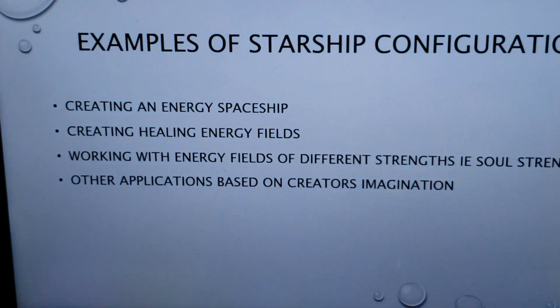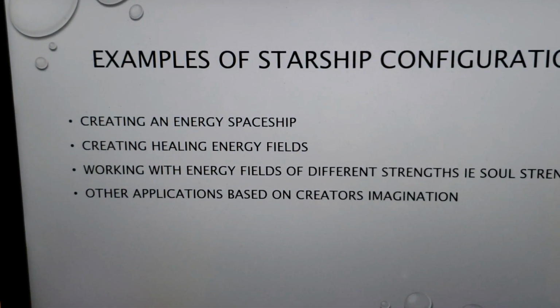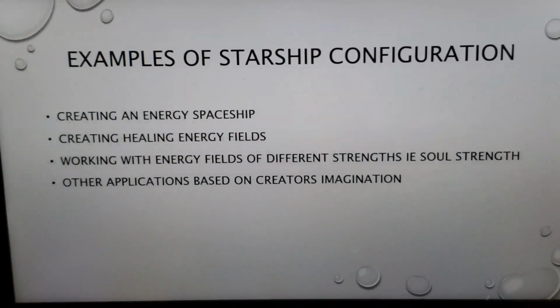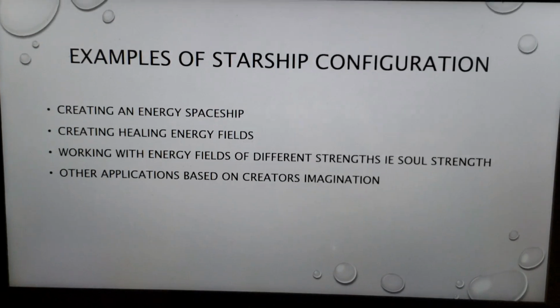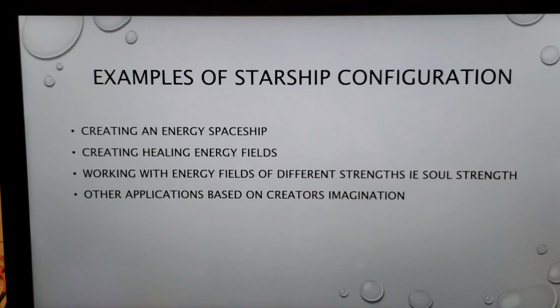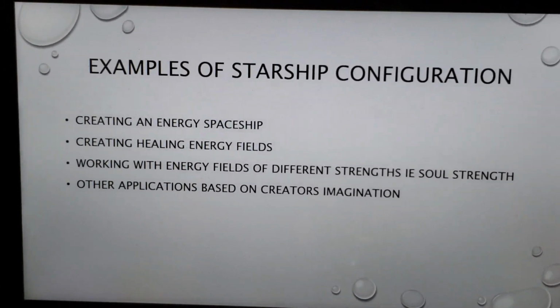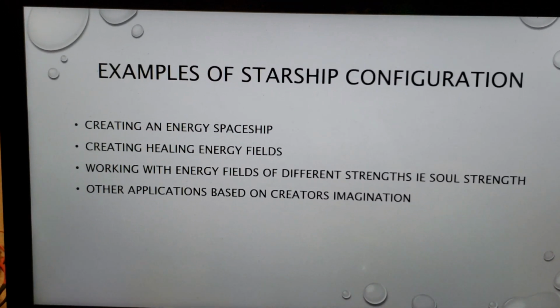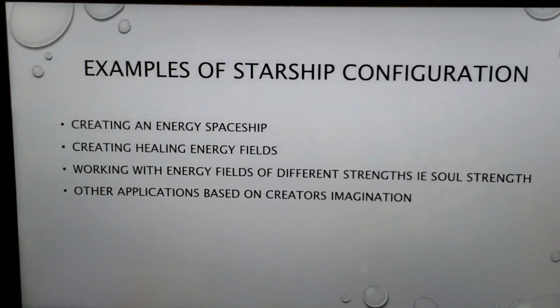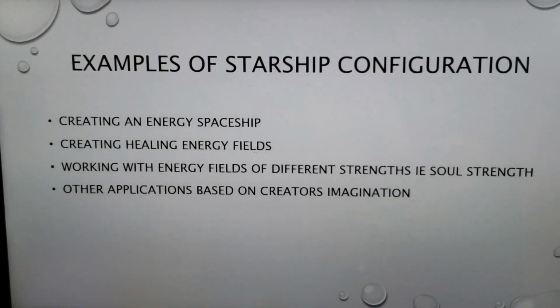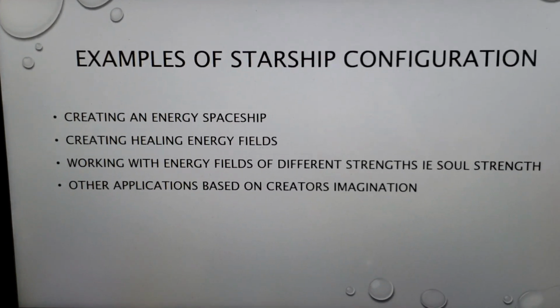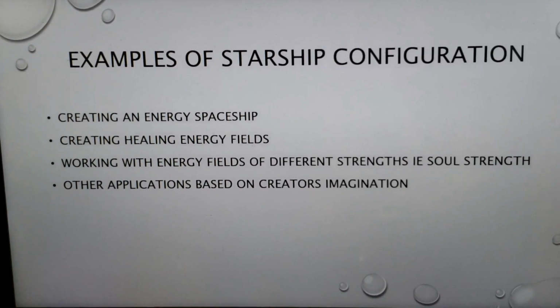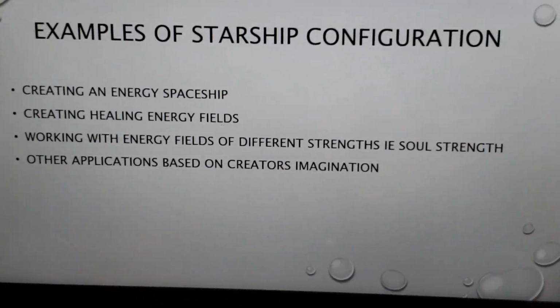Just like we're building a spaceship, it could also be used for creating an environment, like a house, for example. You can create healing energy fields by putting various healing type GaNs materials into them.